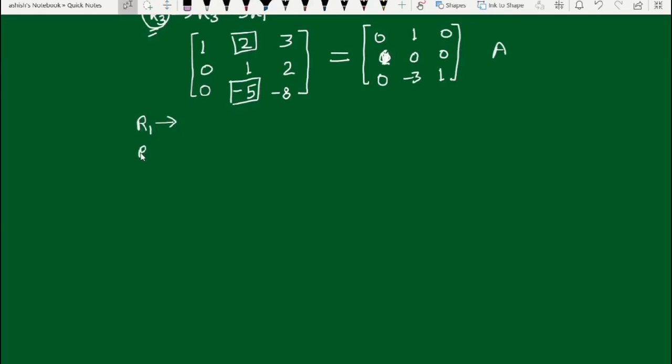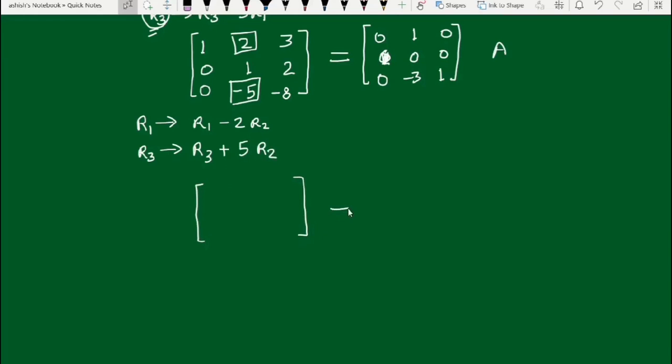Now replace R1 and R3: R1 minus 2R2 and R3 plus 5R2.